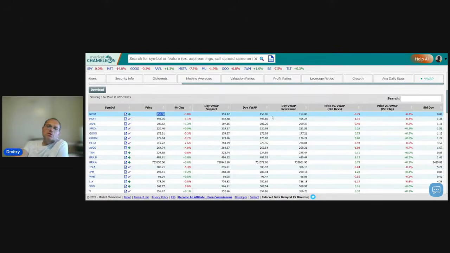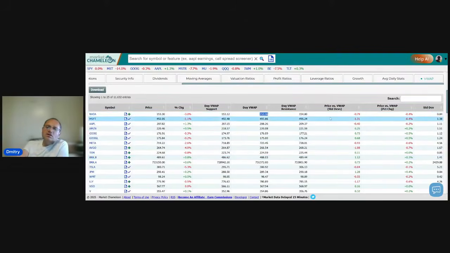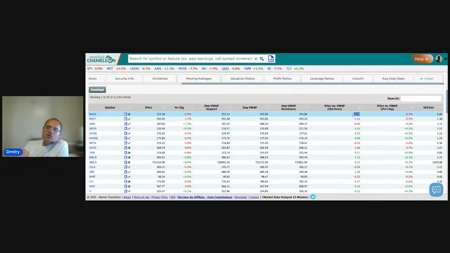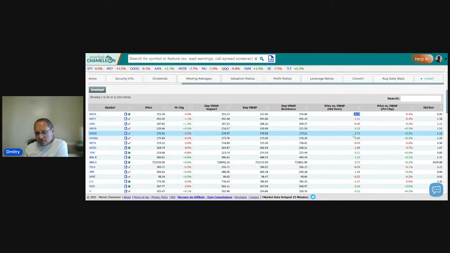So we see it's below in standard deviation terms. How many standard deviations are we away, and in which direction? Are we 2 standard deviations away, 3, half a standard deviation, and are we below it or above it? So here in NVIDIA, for example, it's less than 1 standard deviation below.